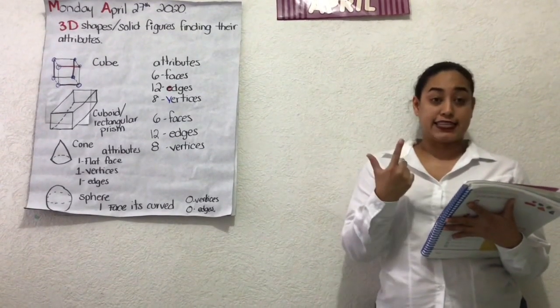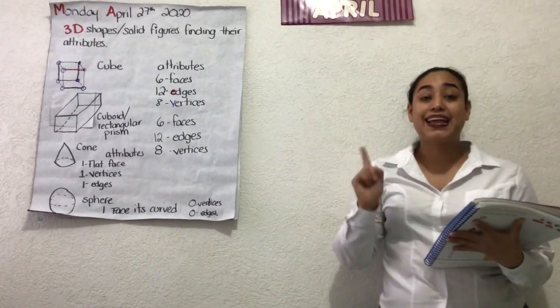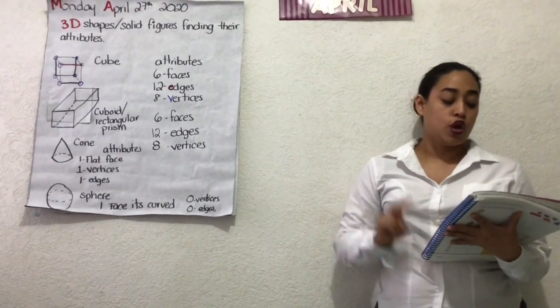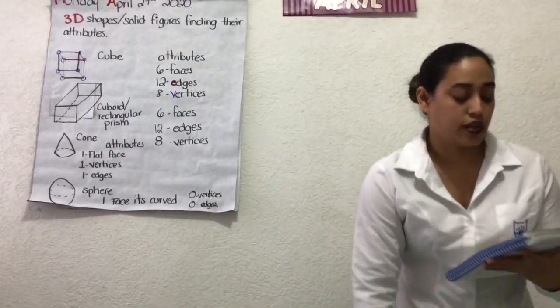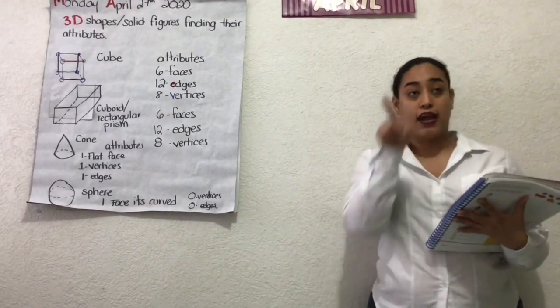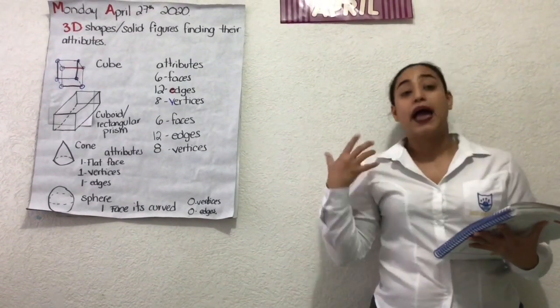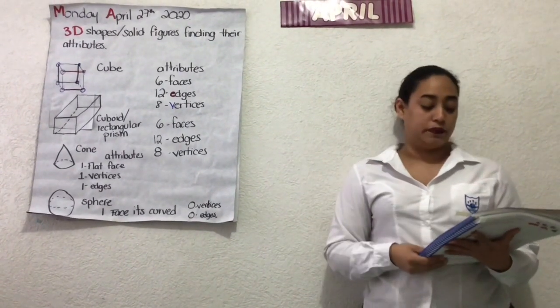Faces, edges, and vertices, the ones that we looked at already, make up shapes. Two-dimensional shapes help us create three-dimensional ones. Just like I said, a square or a rectangle helps me create a rectangular prism or a cube.